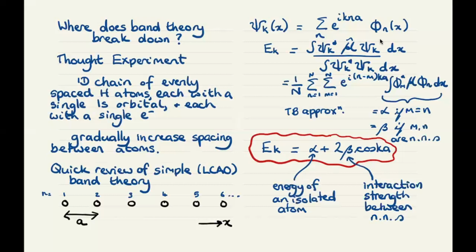And in particular, this gives us a bandwidth of 4 times this interaction strength. And because we have 1 electron per atom, and each energy level could take 2 electrons, this gives us a half-filled band, which of course is metallic.